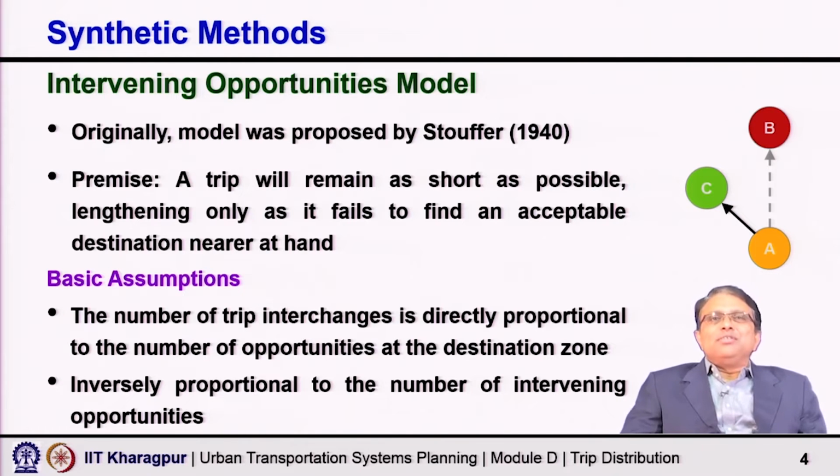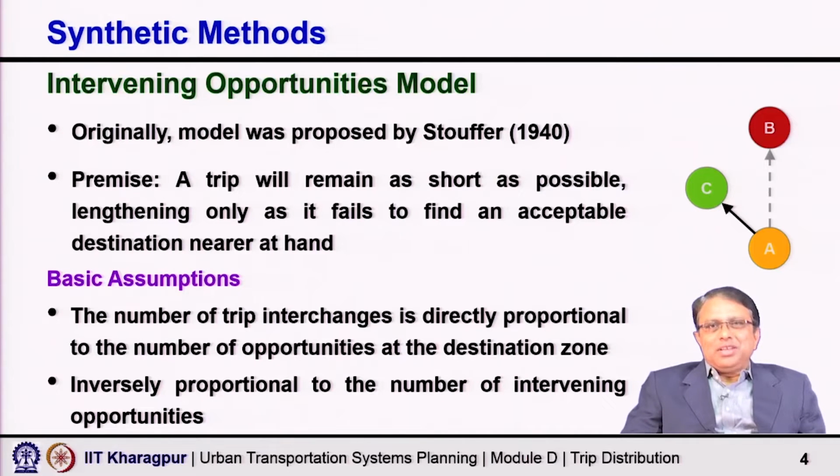Second, it is inversely proportional to the number of intervening opportunities. Now, this is somewhat similar to the gravity model, but also different in some sense. What is similar? There we say inversely proportional to distance, cost or time. Here we are not saying directly inversely proportional to cost, time or distance, but inversely proportional to the number of intervening opportunities.